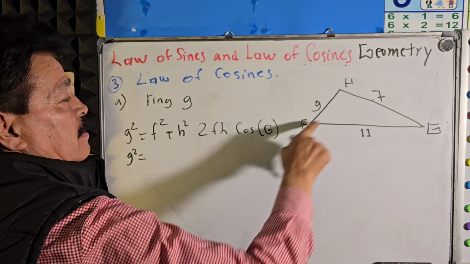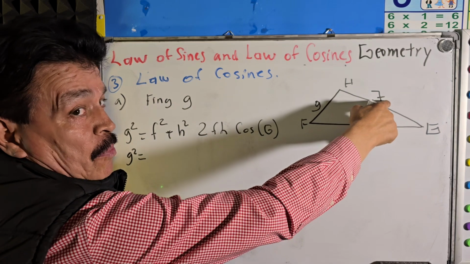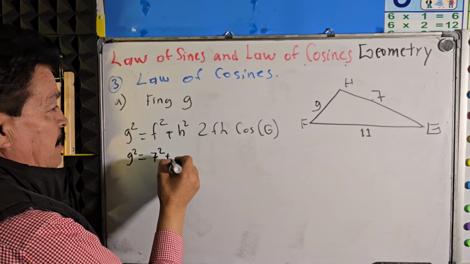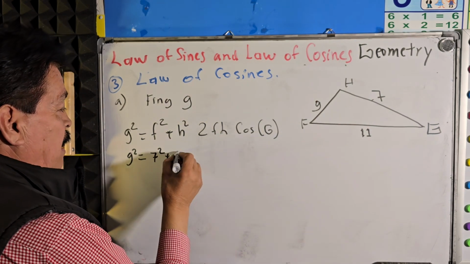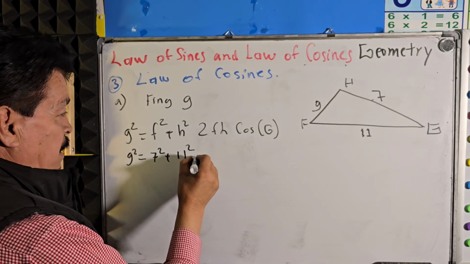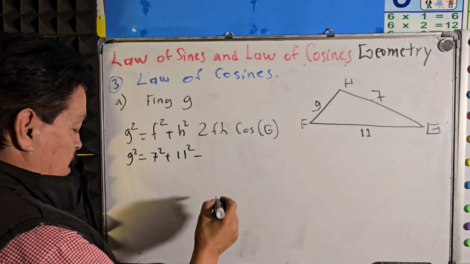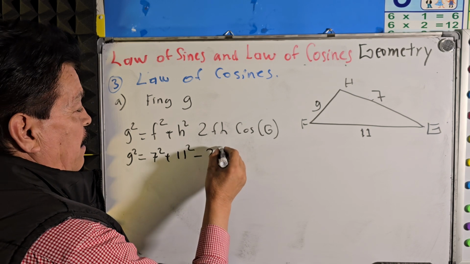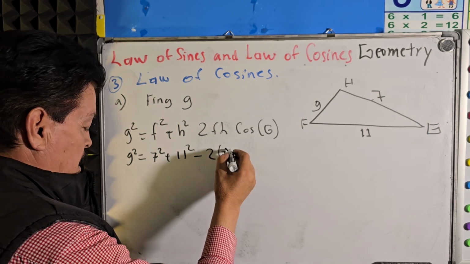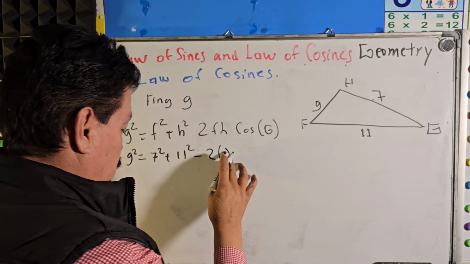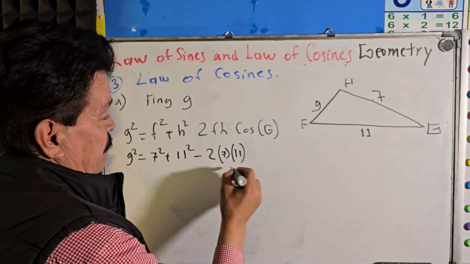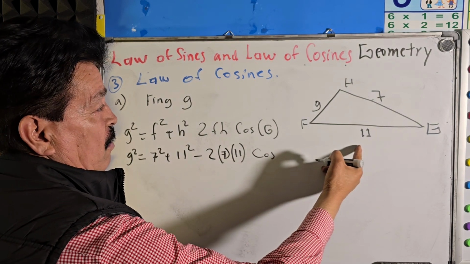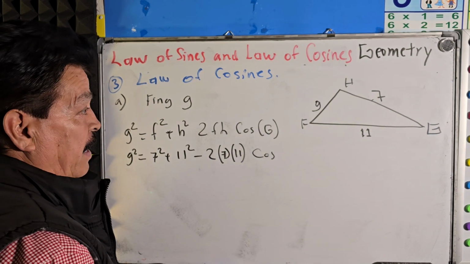F, not the angles, the opposite side right here, F is equal to 7 to the second power plus H. H is right here, it's 11 to the second power minus 2 times 7 times 11. I use the parentheses right there. Cosine of how much? Of G.